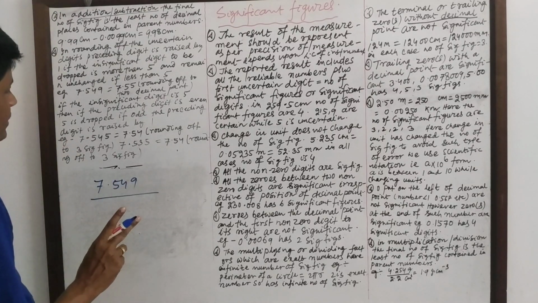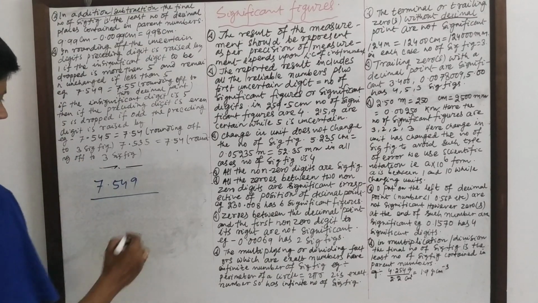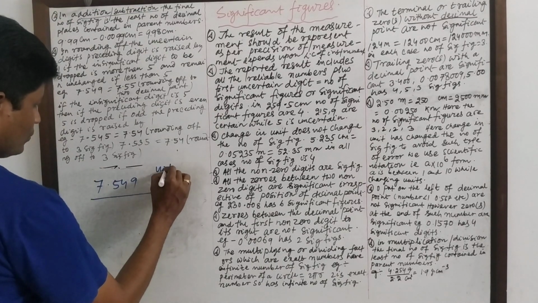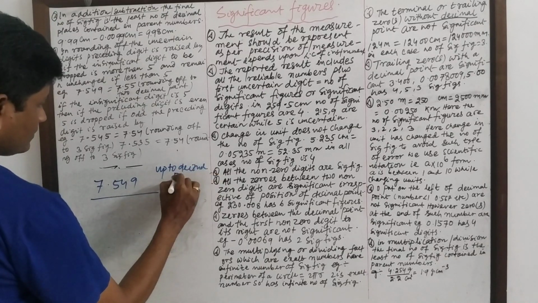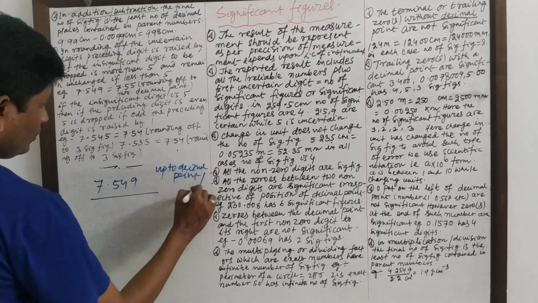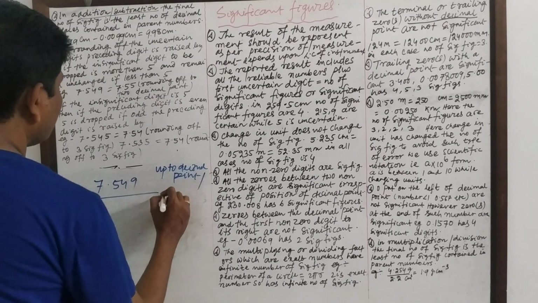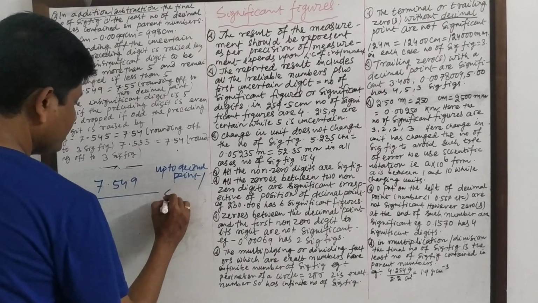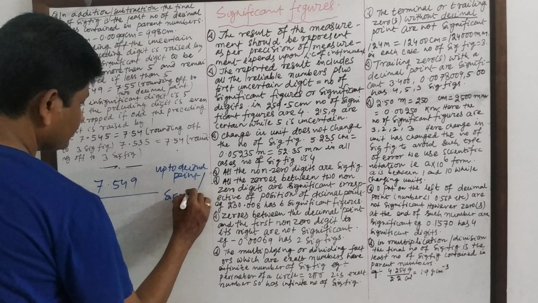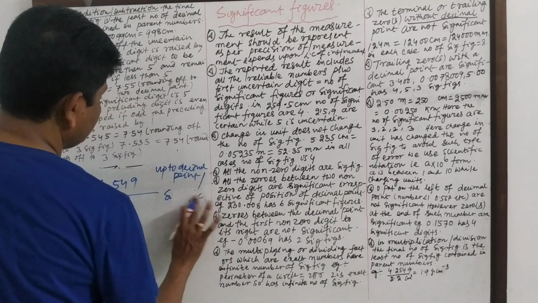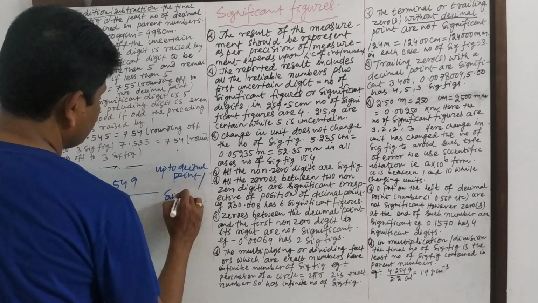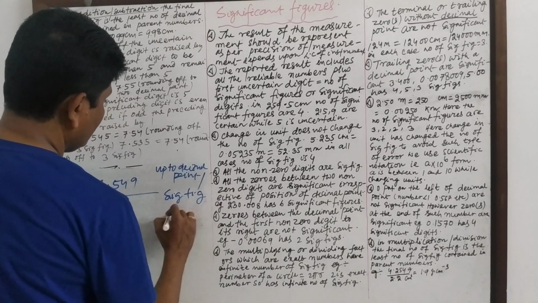The question can be of two types: up to a decimal point, or up to a significant figure, written as sig fig.